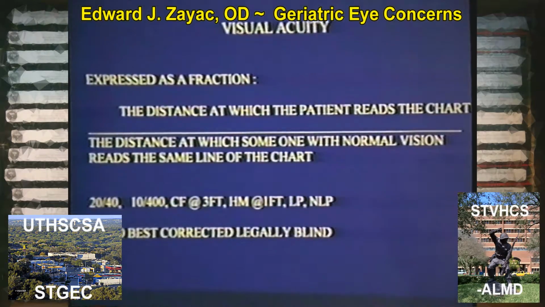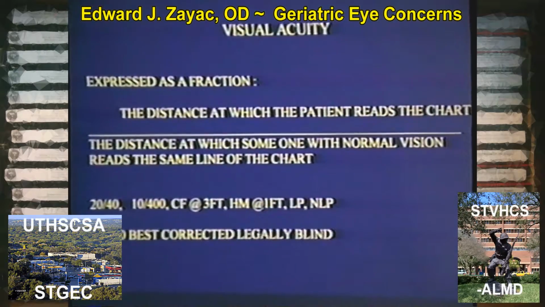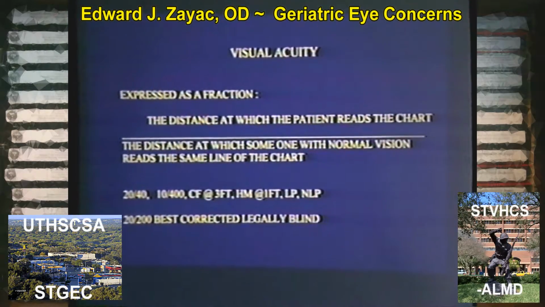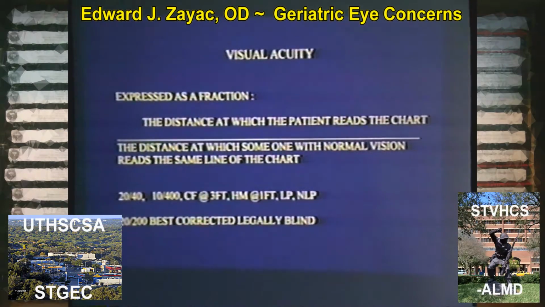Now, as a benchmark, we use visual acuity. And to just refamiliarize yourself with it, visual acuity is expressed as a fraction. The numerator is the distance at which the patient reads the chart. The denominator is the distance at which someone with normal vision reads the eye chart.